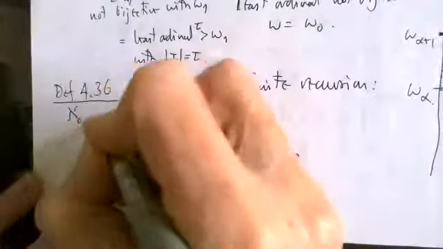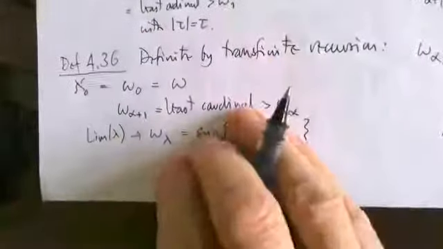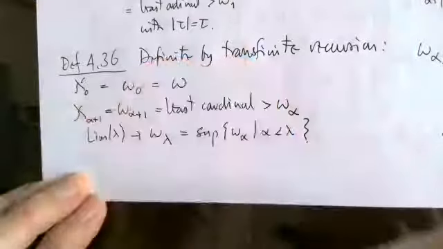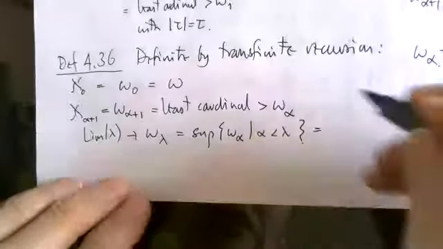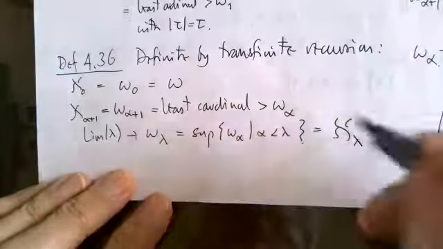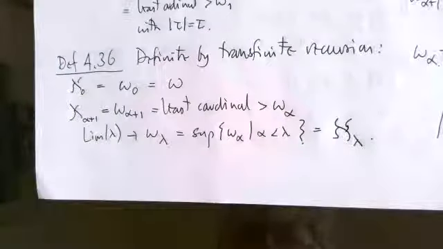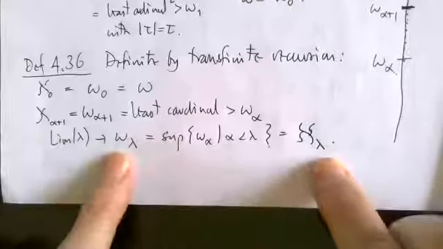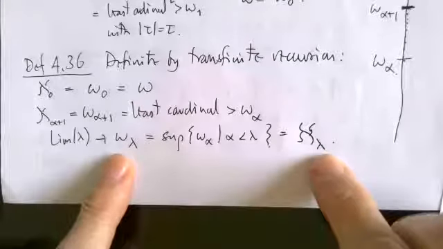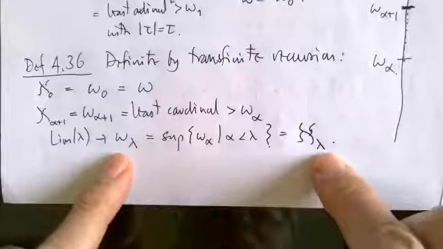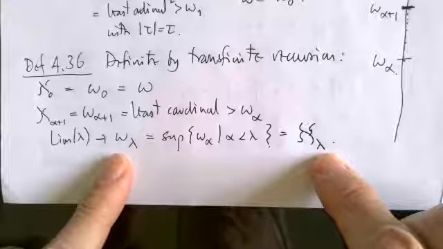So this is Aleph 0 here, and this is called Aleph sub alpha plus 1. And this one here is Aleph lambda. So I want you to be aware that there are these two synonymous notations for the same thing, and I'll use both without warning, to get us used to it.